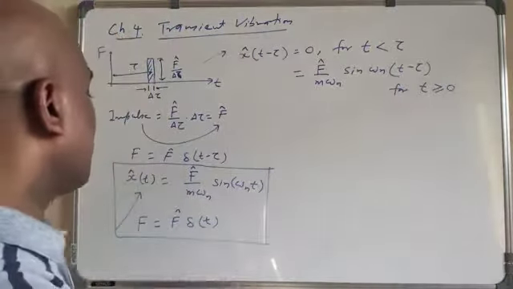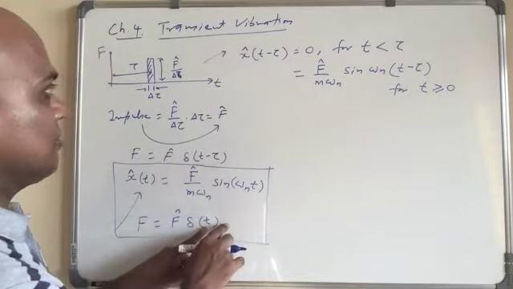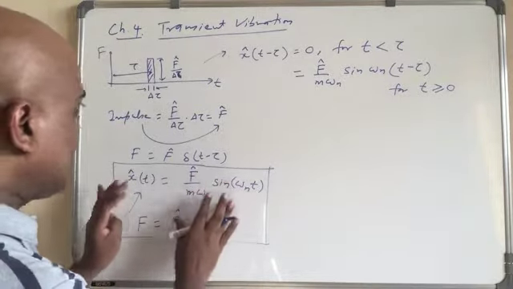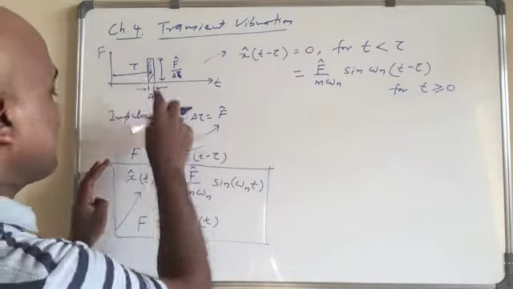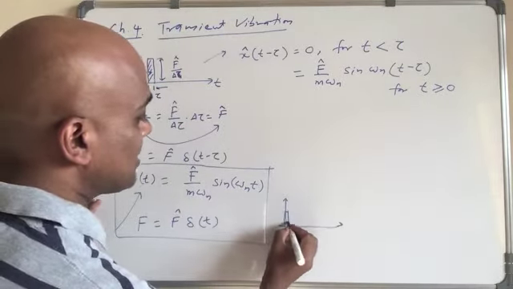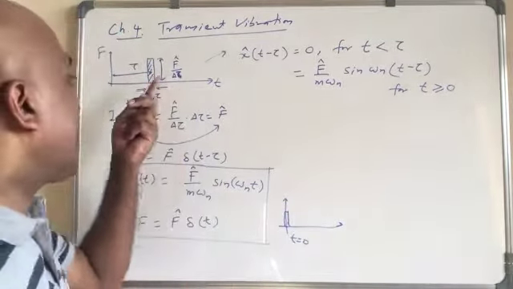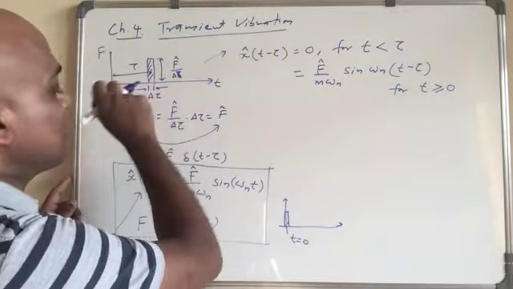This is how we find the solution. You just shift it. This is the solution for when tau equals 0, where the force was given right at t equal to 0. In this case, the force is given at time equal to tau.